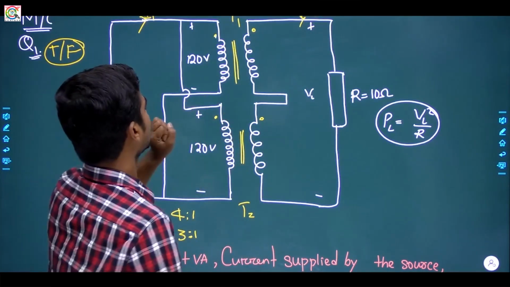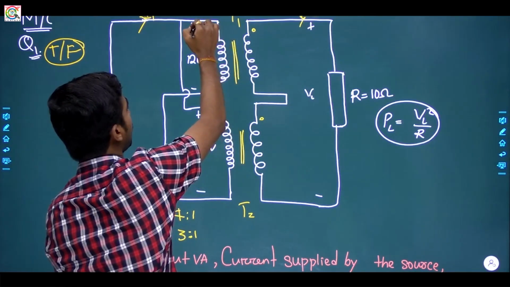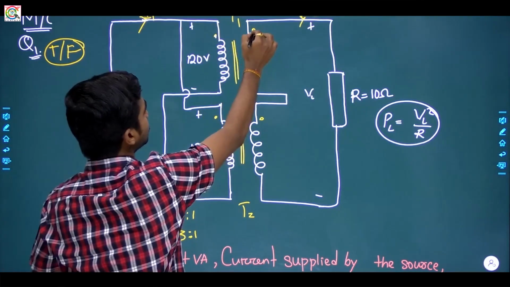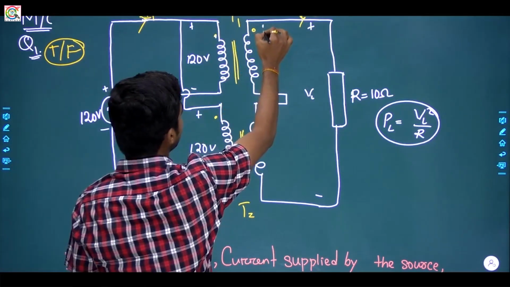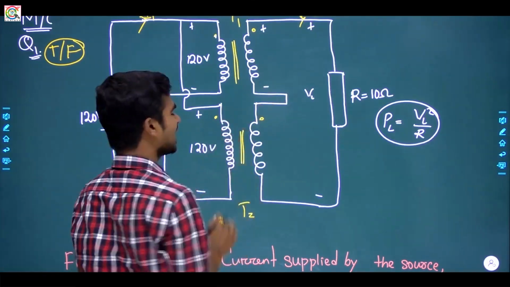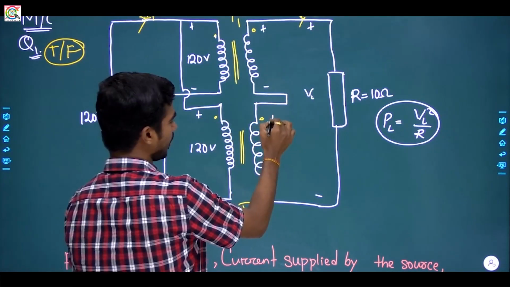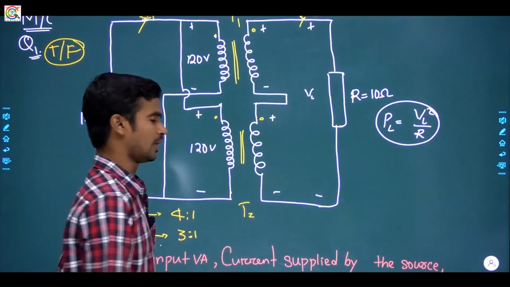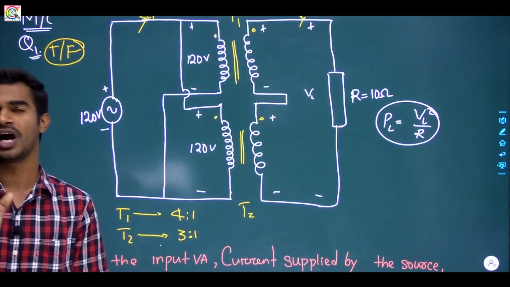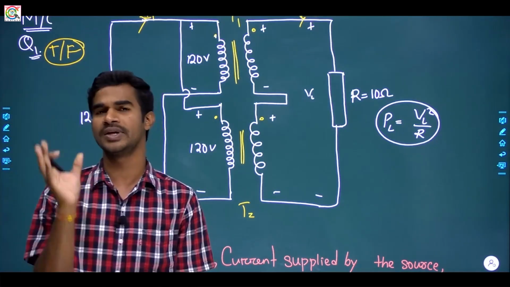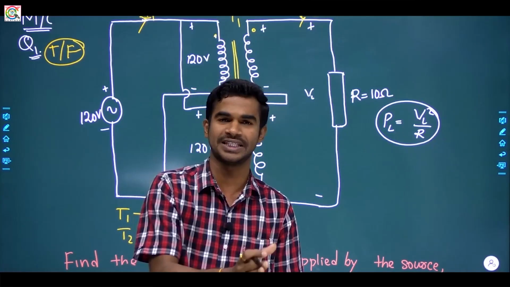So in this circuit, if the dotted terminal in the primary has positive polarity, then in the secondary it will be the same, that is positive, and this will be negative. Similarly, if this is positive, this will be positive and this will be negative. The dot convention always gives the sign convention.